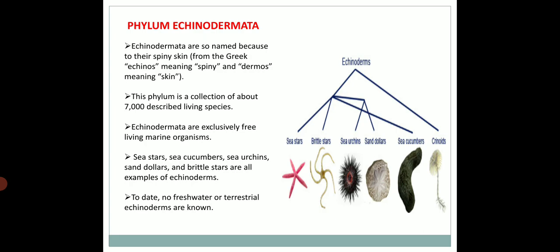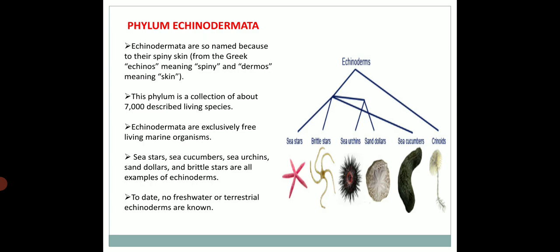This phylum is a collection of about 7,000 described living species, and these are exclusively free living marine organisms. Some examples of echinoderms are sea star, sea cucumbers, sea urchin, sand dollars, and brittle stars.